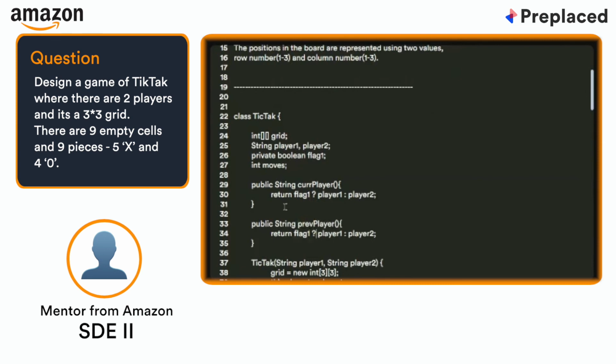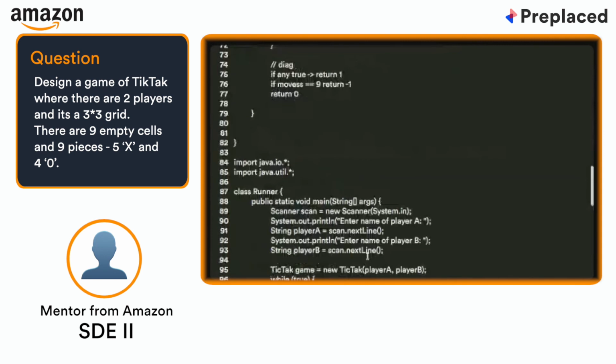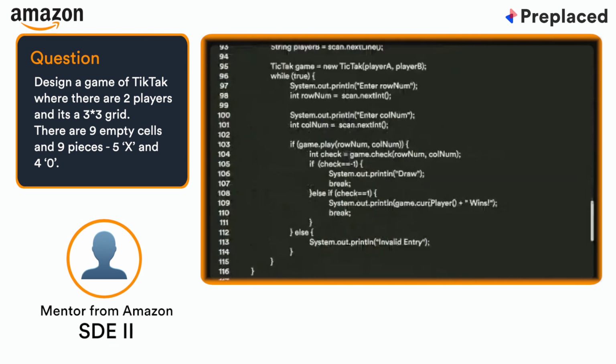So if it's flag one, I'll be returning player two, and otherwise I will be returning player one. And in here, I will be just checking get previous player. Yeah, thanks for pointing it out. I totally forgot about it.